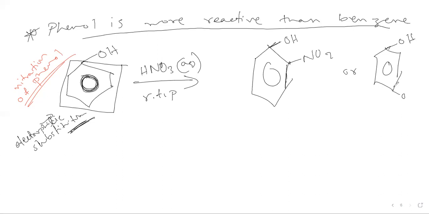Remember, as we have studied in Friedel-Crafts alkylation, since the first carbon already has a bond with some substituent, the next electrophilic substitution will take place at either the second carbon or the fourth carbon. Now you might be saying, what about the sixth carbon? Having this NO2 over here or over here is the same thing, isn't it?